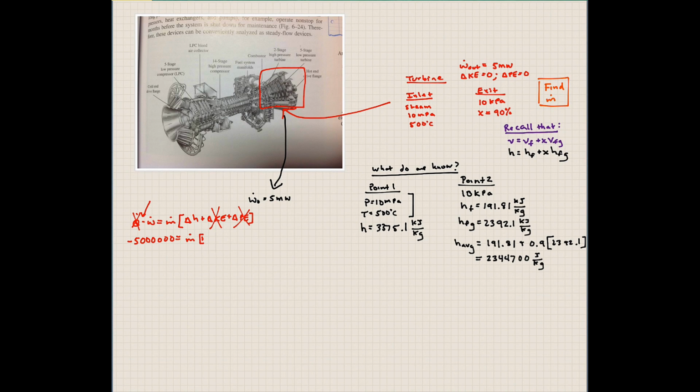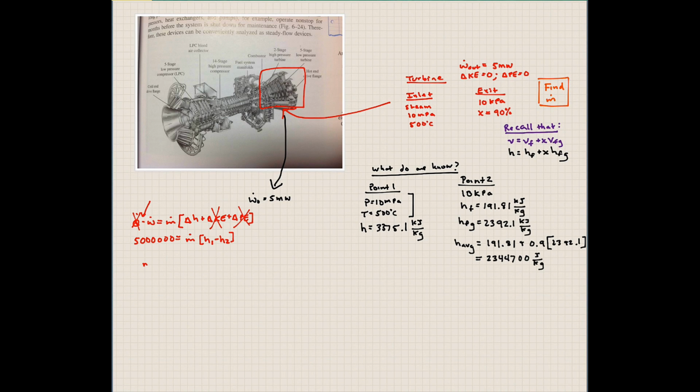So this should be h2 minus h1. Well, I'm going to absorb that negative sign into this bracket here. I'll just rewrite it as h1 minus h2. So I just flopped the negative sign, absorbed it into that bracket there.